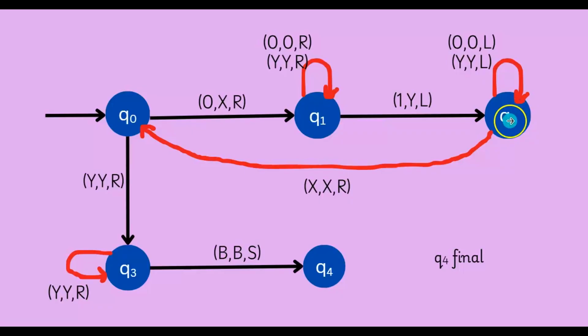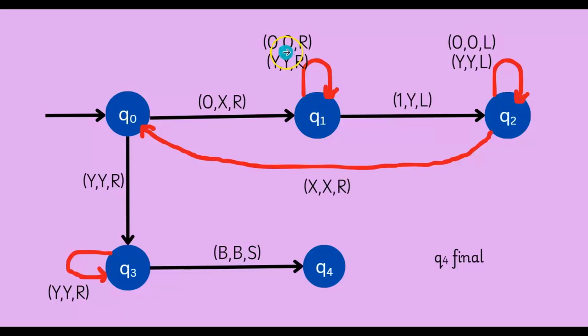When you are in Q2, whether you find 0 or y, keep it as it is and move left to find the x. When you find the x, move right to go to the next 0 and make it x, again move right, then reach Q1.